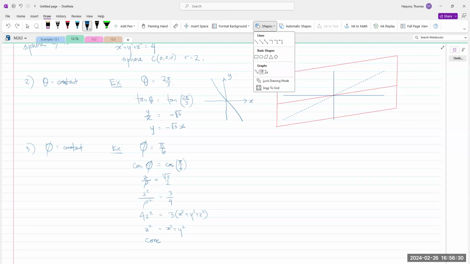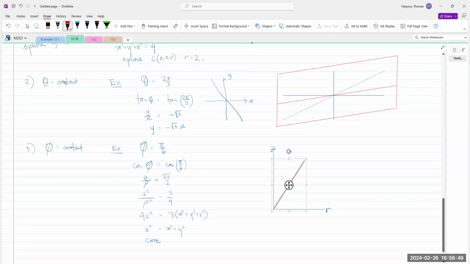So in two dimensions, this is the z-axis. This is the r here. Your angle from the positive z-axis is 30 degrees, right? Approximately something that looks like this. Now notice that we are missing the theta there.